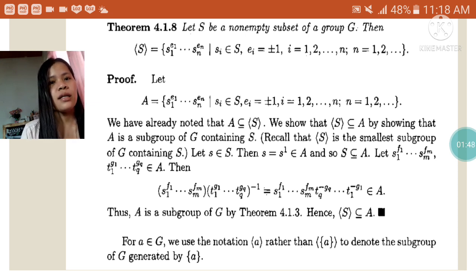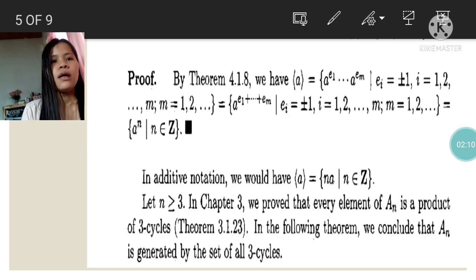For e an element of G, we use the notation the subgroup generated by e to denote the subgroup of G generated by the element.